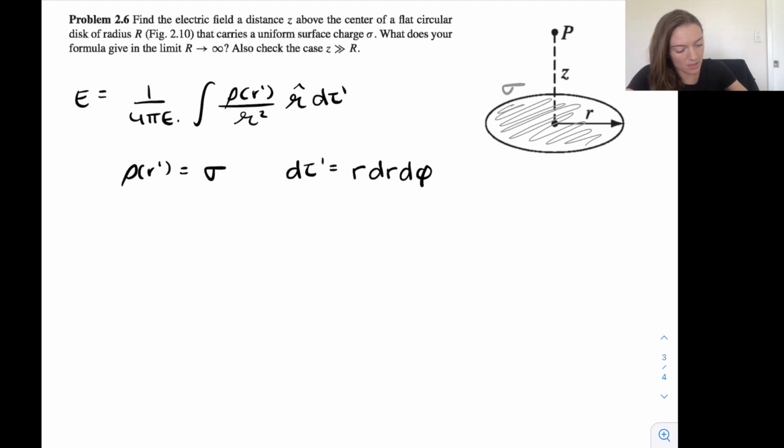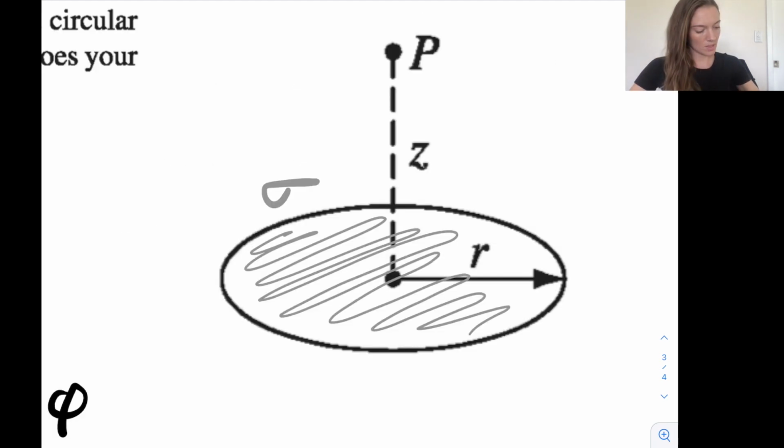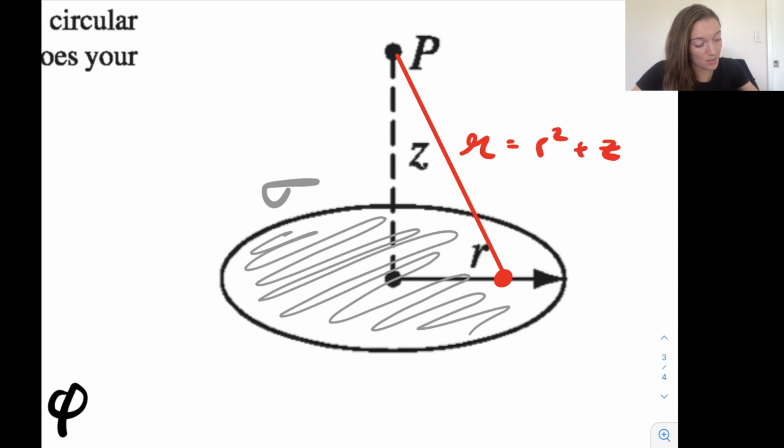Okay, and now our fancy r. So what is our fancy r? If we pick a random point on our disk, it'll be some distance to our point, and it's just going to be the square root of r squared plus z squared. Whatever distance r this point is at, that will be the length of this side.